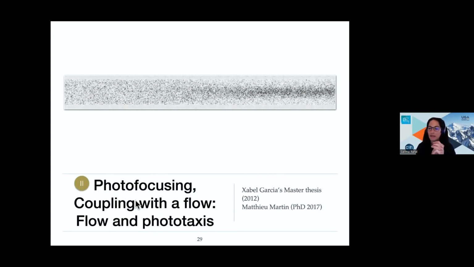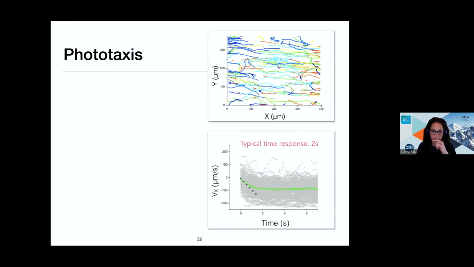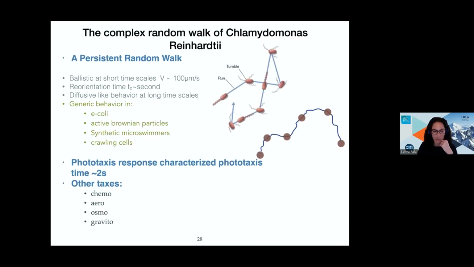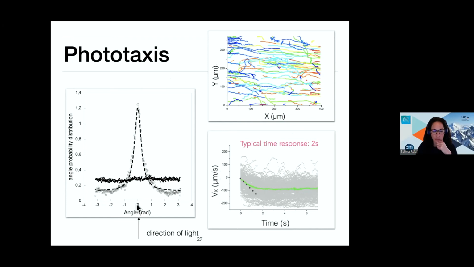Yeah, I have a question, yes. Salima, sorry, when you have shown the PDF of the orientation, the slide before this one, this one. So the way you depicted it, the light is on the horizontal axis, right? Because it's Vx. While at the same time there is gravity, the gravitaxis in the algae, right?